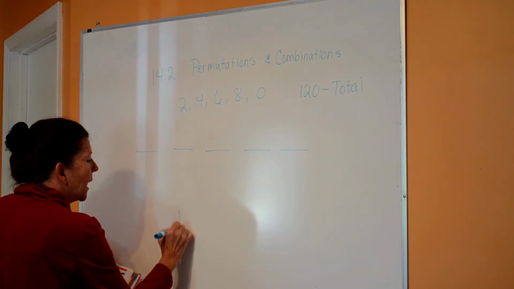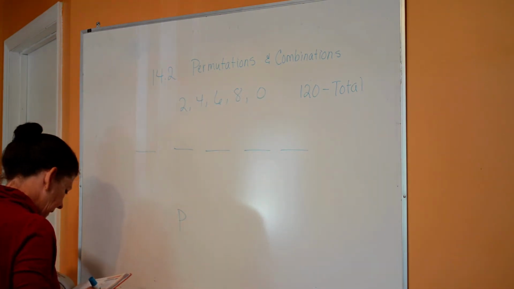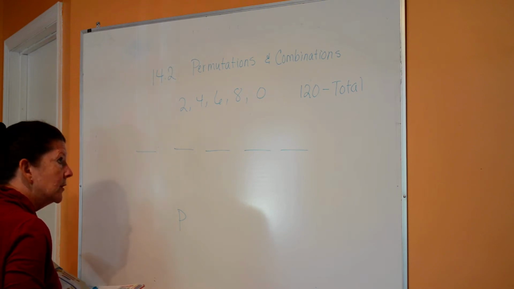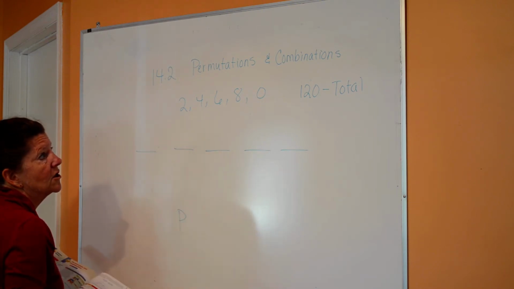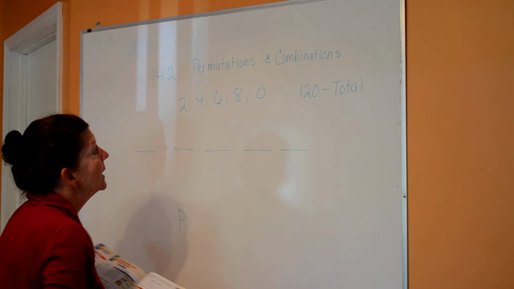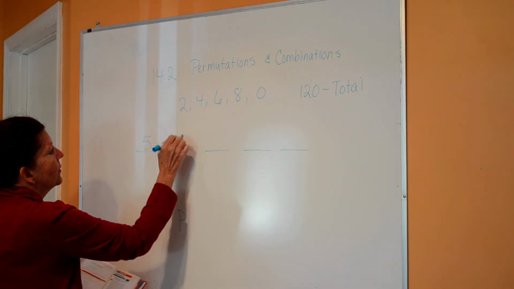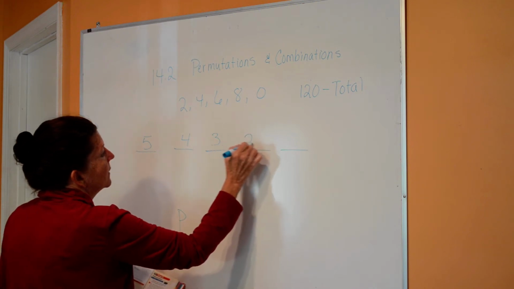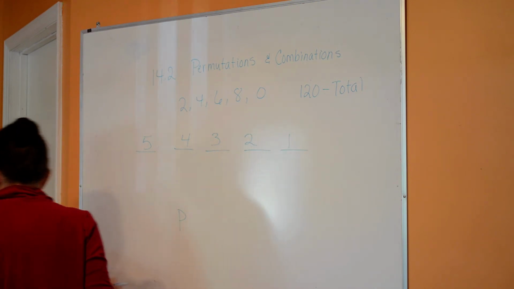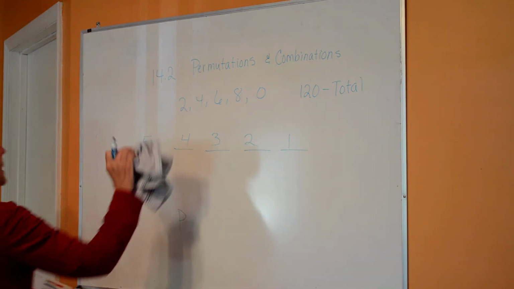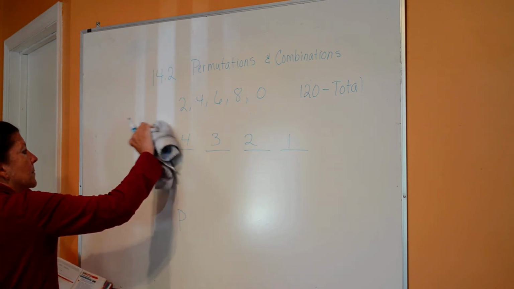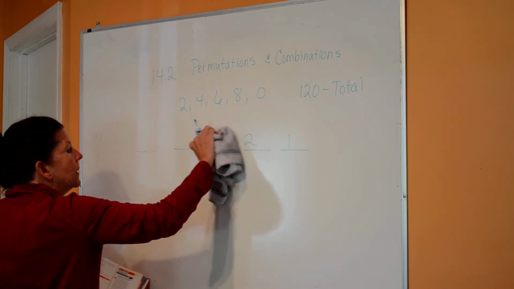So that's going to be my first answer if it just asked me for the number of total ways. You could do it out because there's 5, then there's 4, then there's 3, then there's 2, then there's 1. So that's going to be my total possible outcomes. I'll multiply all those together.